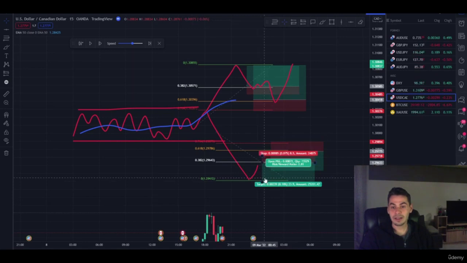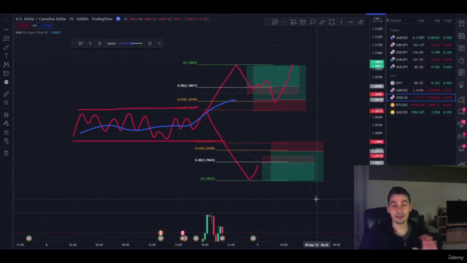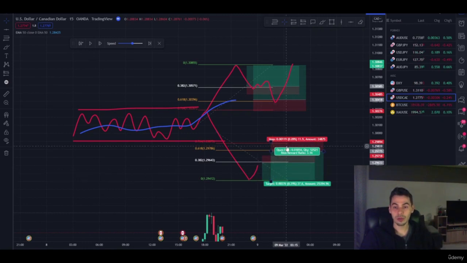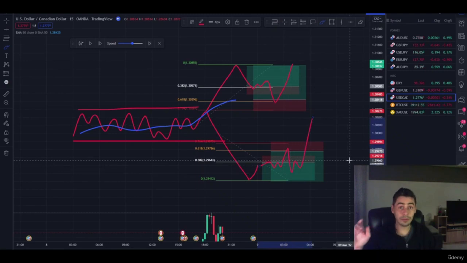Again, as you can see, standard: this one will be at 2.5 or 2%, and this one will be at 3%. This is the rule of thumb. So if you lose this one, you will cover it with this win. Of course, there will be times where price will do something like this and then take you out, but we will cover that in the next section, which will be trade management.